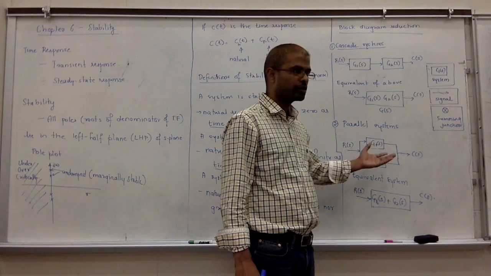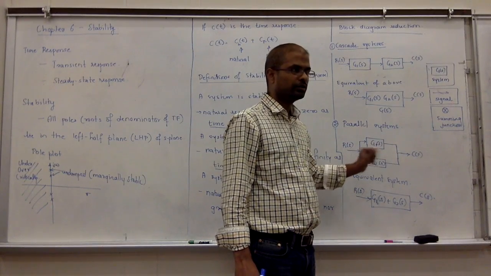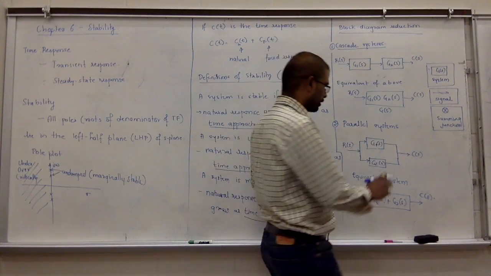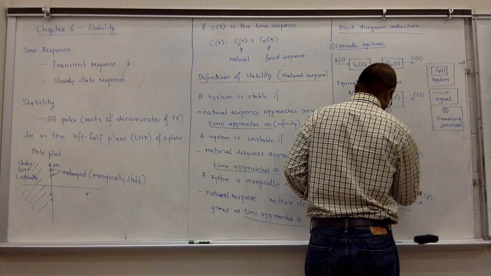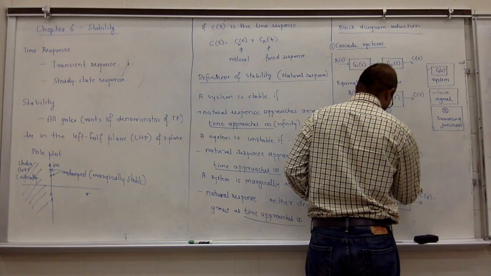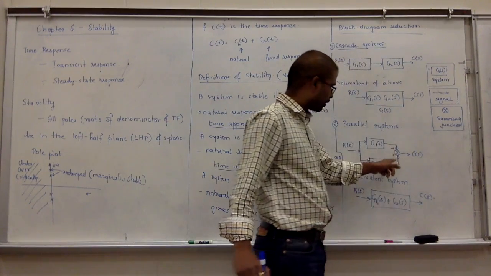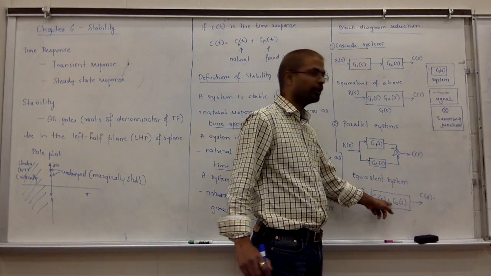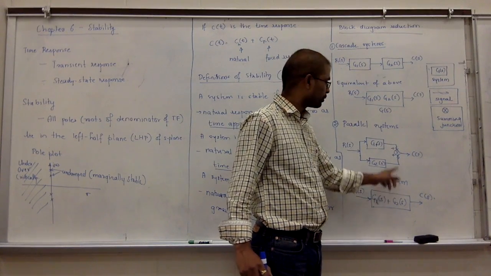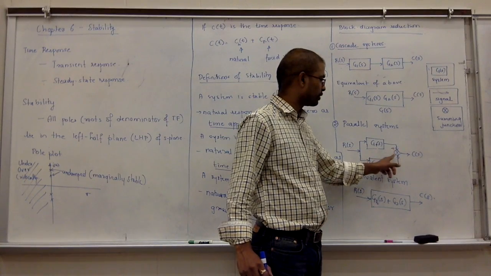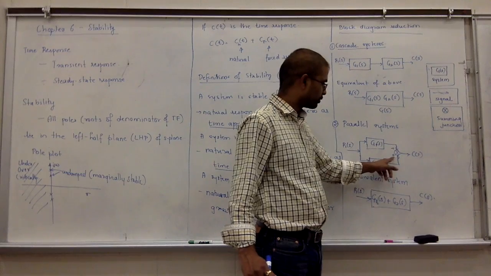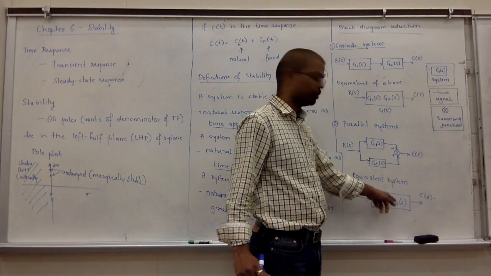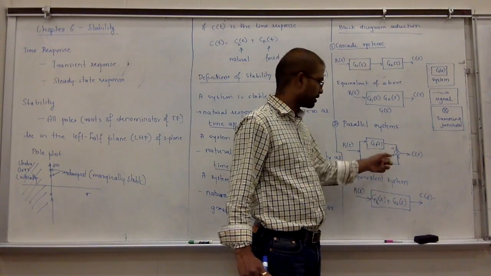It's not allowed in this block diagram. So you have to have this, and you have to mention the signs. Whatever these signs are, you are going to see that sign here. If this one was negative and this one was positive, it would be minus G1 plus G2. If this was negative, then it would be G1 minus G2. So that sign you have to follow.